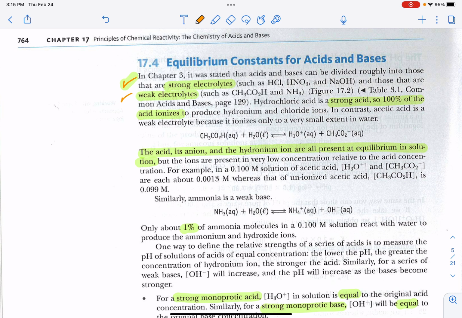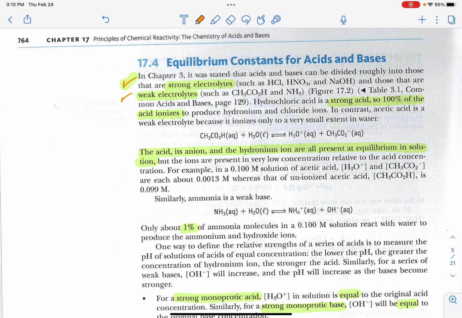And those particles that have a strong bond or attraction between the cation and the anion will not be easily yanked apart. That's the difference between a strong electrolyte or a strong acid or a strong base or a strongly soluble salt. It has a weak attraction between the cation and the anion.